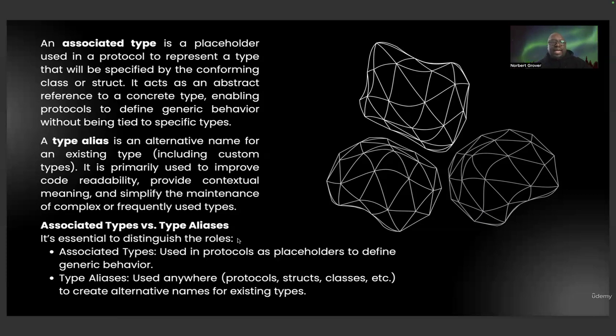The placeholder is an abstract reference to a concrete type that's going to be in the class or struct that implements the protocol. Now you say, what? Again, we're going to talk more about protocols later on.